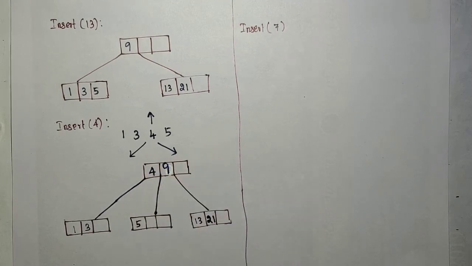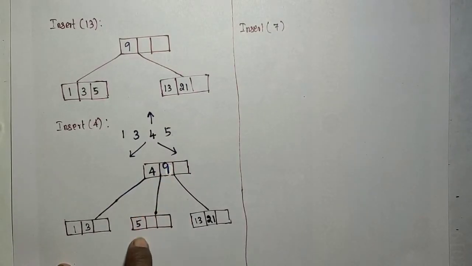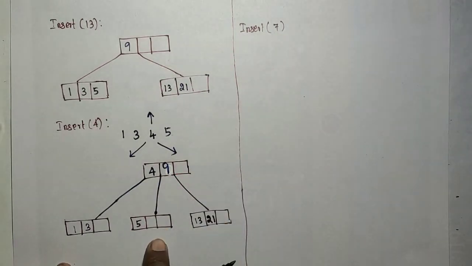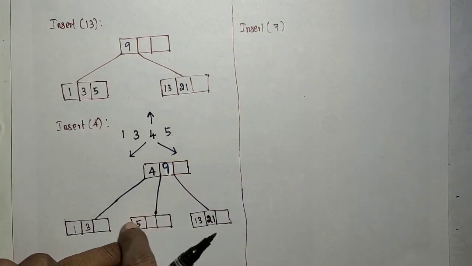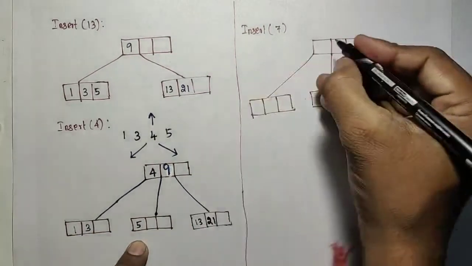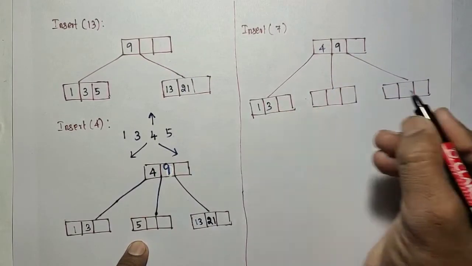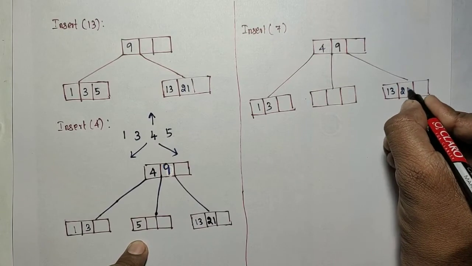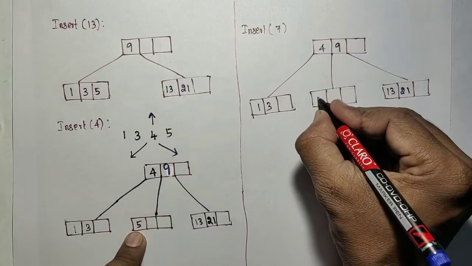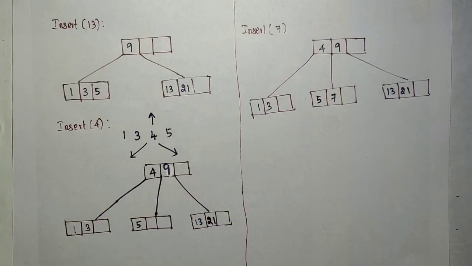I need to insert the 7 into the leaf node, and space is available in this node, so I can simply insert it. So 4 and 9, 1 and 3 no change, 13 and 21 no change. Here 5 and 7 will be inserted, since space is available.